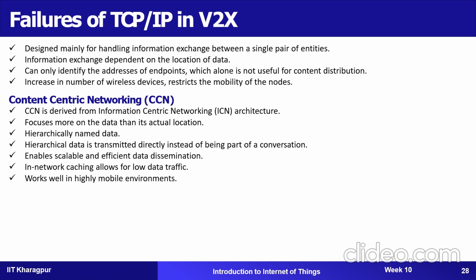However, in the vehicle to everything paradigm, the exchange of information takes place between different devices at the same time, and the information exchange is also dependent on the location of the data. In the TCP/IP model, there is a particular address, and based on that address the data is sent.